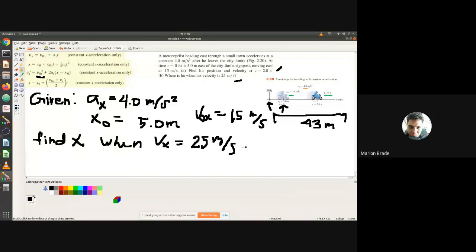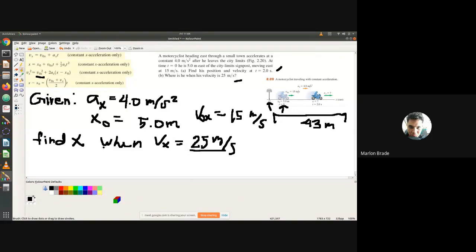So, unsa ang position sa akong motorcyclist at that time nga niabot ang velocity of 25 meter per second? Di ba initial velocity niya is 15 meter per second? Ang velocity, nag-accelerate na siya, so nagkakusog ang dagan. So gikan siya dire sa signpost. Ang pangutana, at the time nga naabot ang velocity of 25 meter per second, unsa siya kalayo gikan sa signpost?